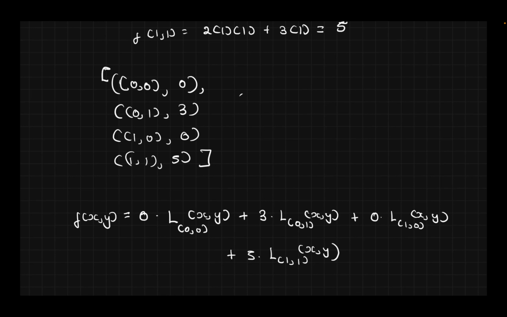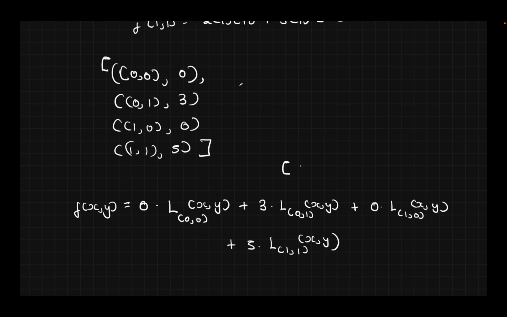The behavior of this L function is exactly the same. The interpolating set is the Boolean hypercube of length 2, so the interpolating set is actually 0, 0, 0, 1, 1, 0, 1, 1.